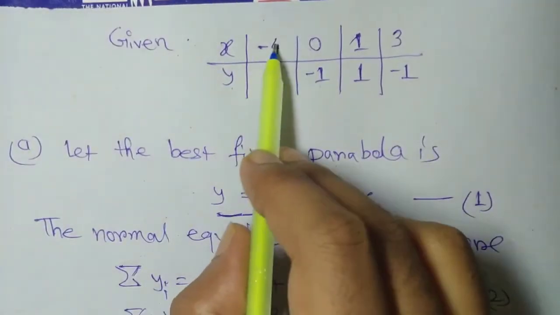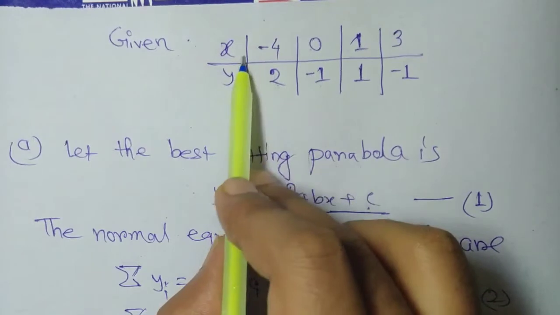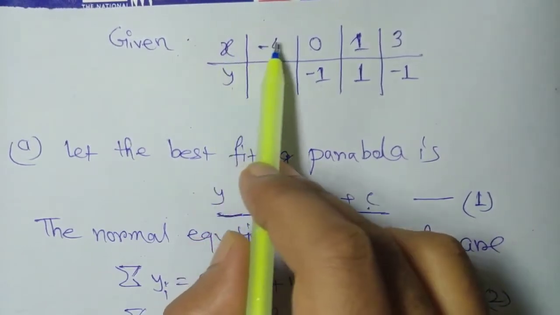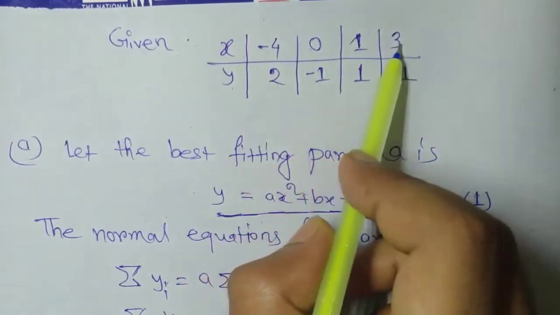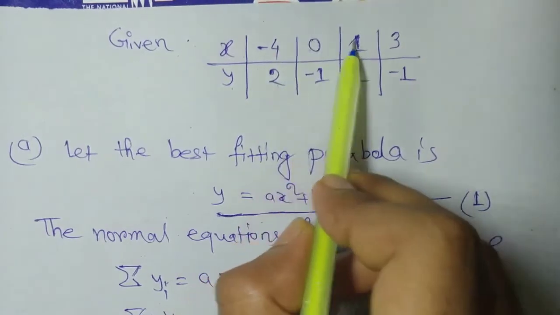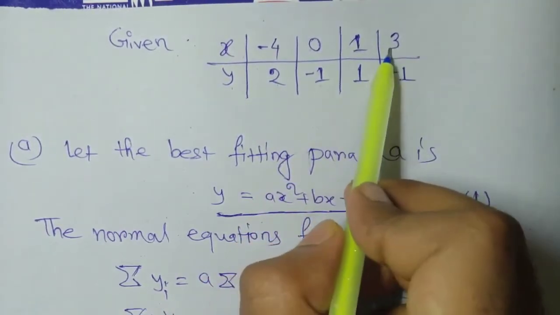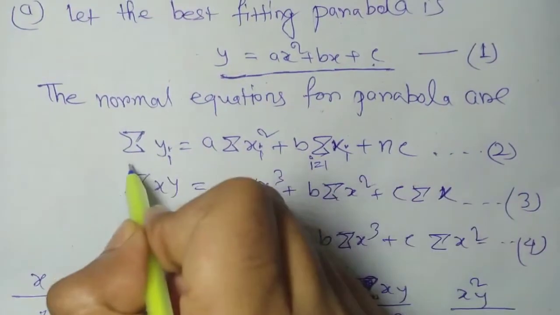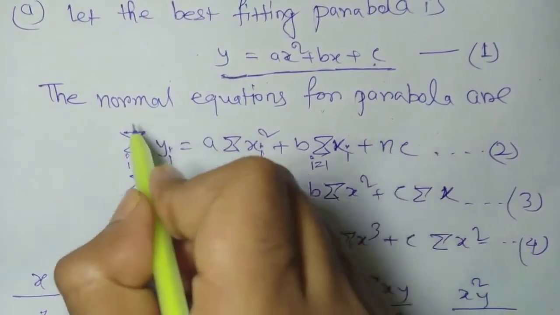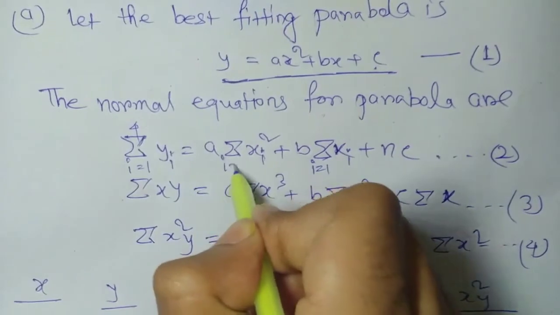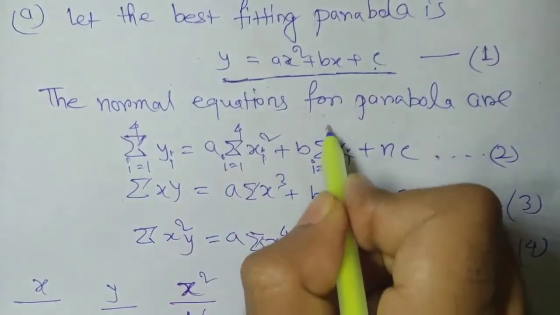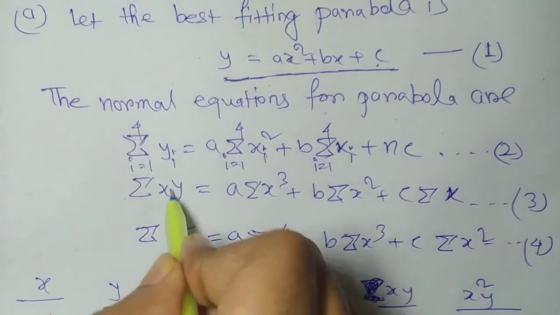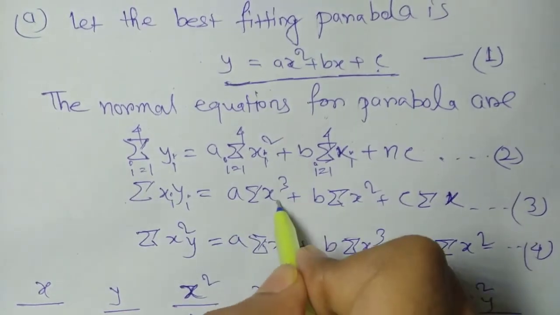Since the nodal points are the values of x, and there are 4 values of x, there are 4 nodal points, hence i will run from 1 to 4.